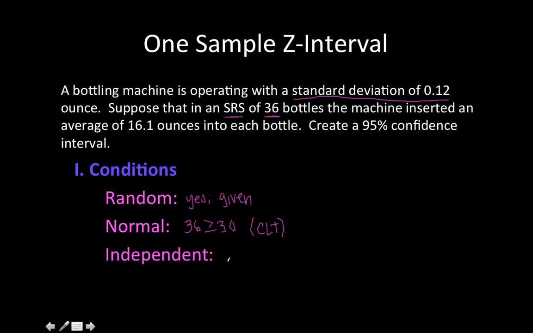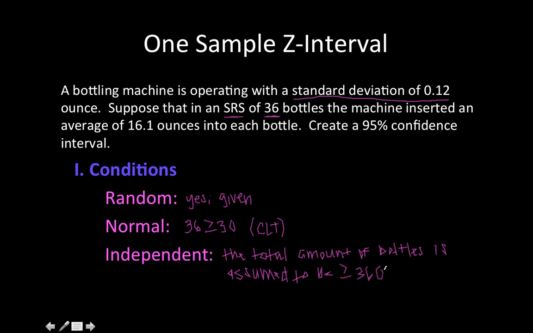So for independence, we usually put this in context by saying that the total amount of bottles is assumed to be greater than or equal to 360.